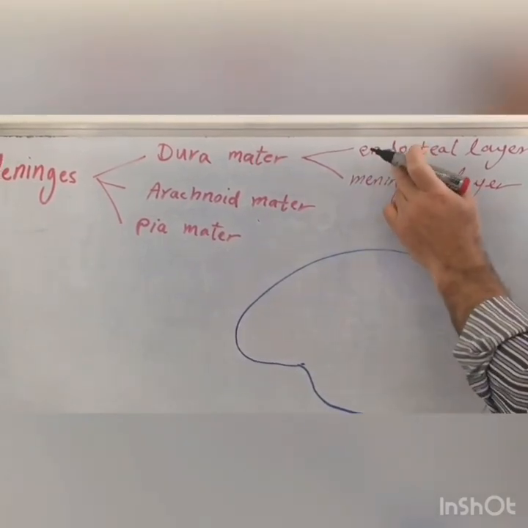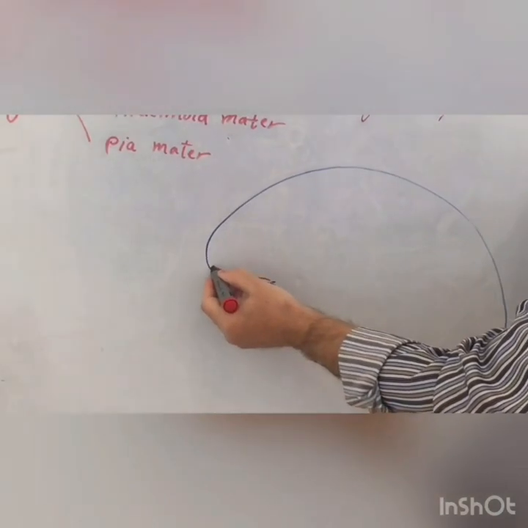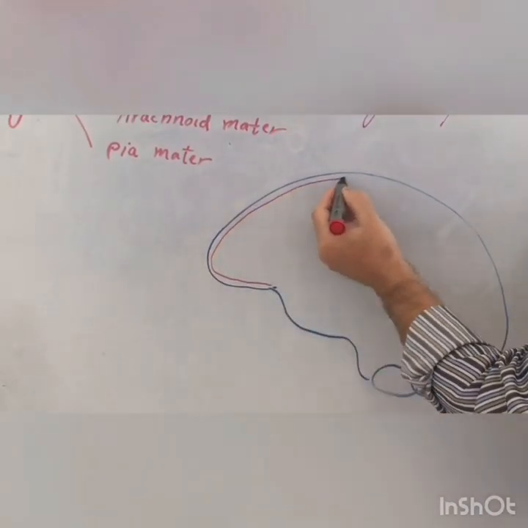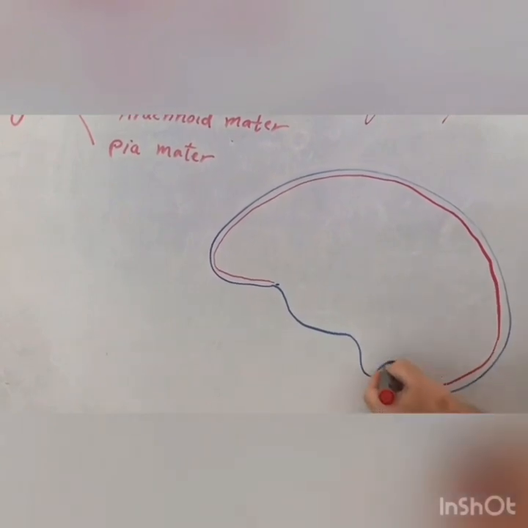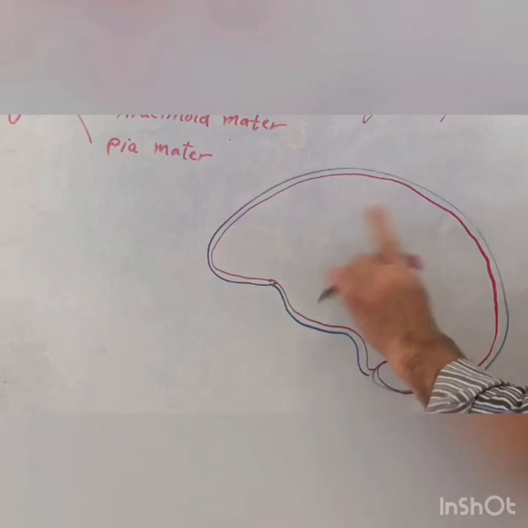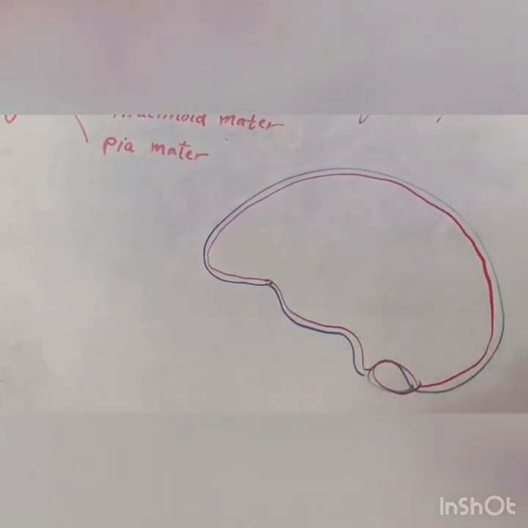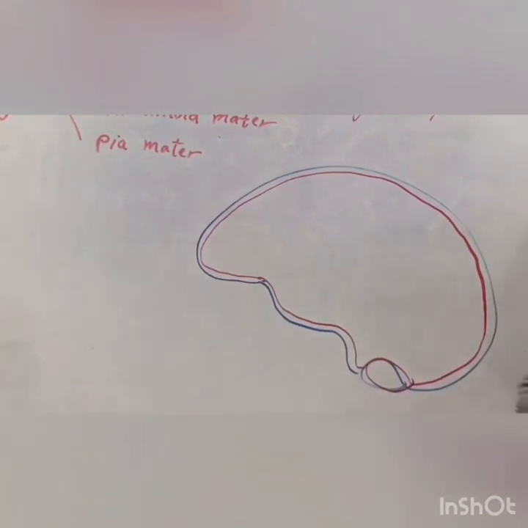The endosteal layer, the outer, is covering the skull from inside, just like that, and this layer will not go to the spinal cord. It is only found inside the skull.